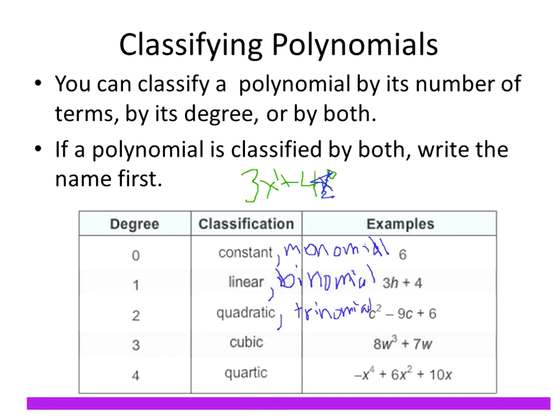And you can see there's 1 term, 2 terms, 3 terms, so it's a trinomial. For a cubic, in this case there's only 2 terms, so this would be a cubic binomial. And because there's only 2 terms here, 1, 2. And the quartic would be a trinomial because there's 3 terms.